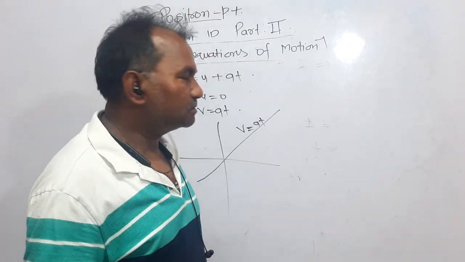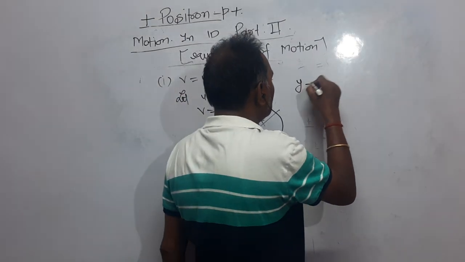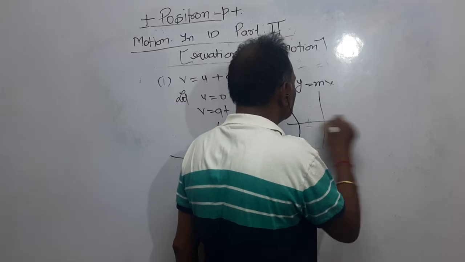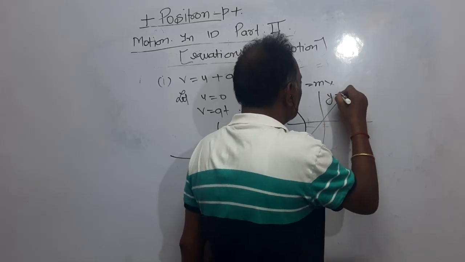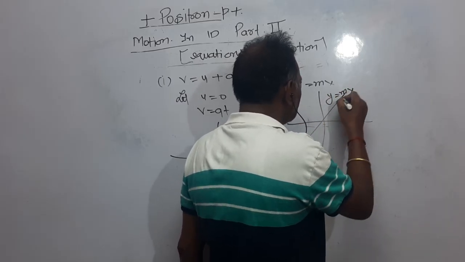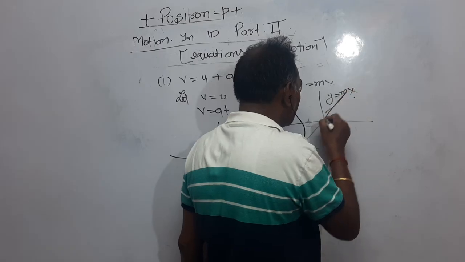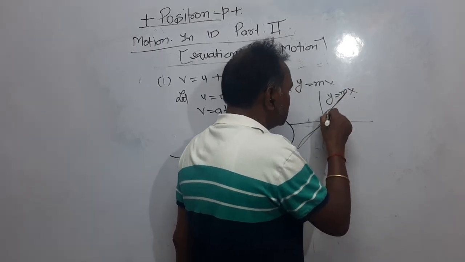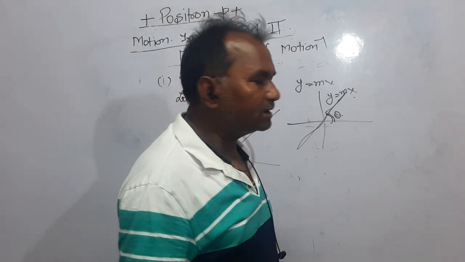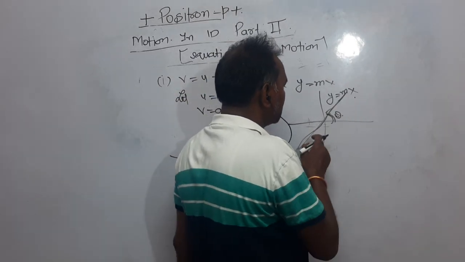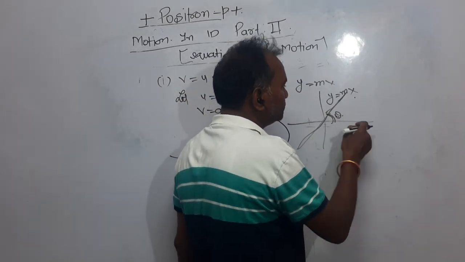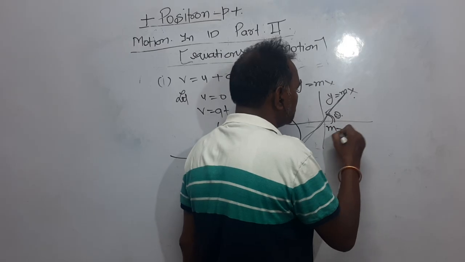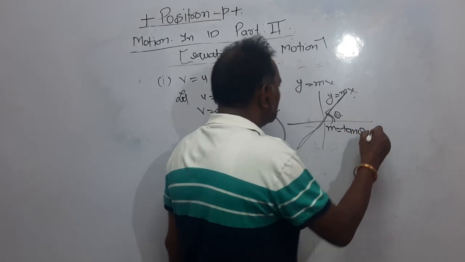In y is equal to mx, when you plot, m is the slope of the graph. If your inclined line is making an angle theta with the x axis, then m is equal to tan theta, right?